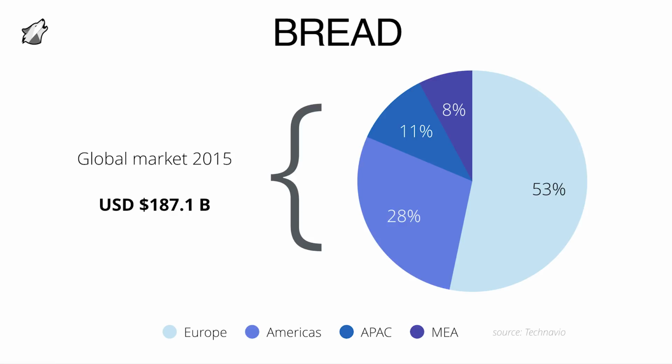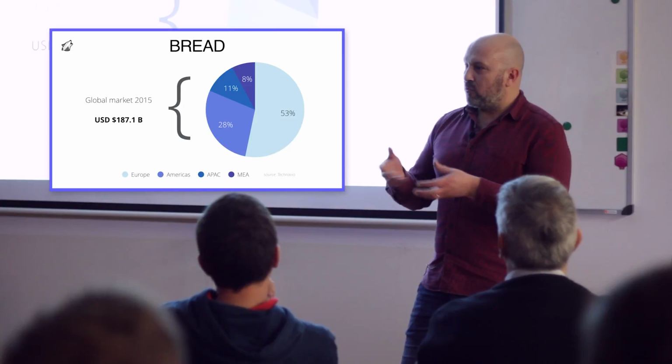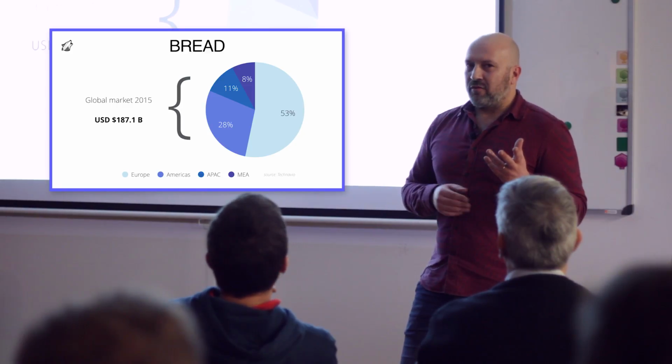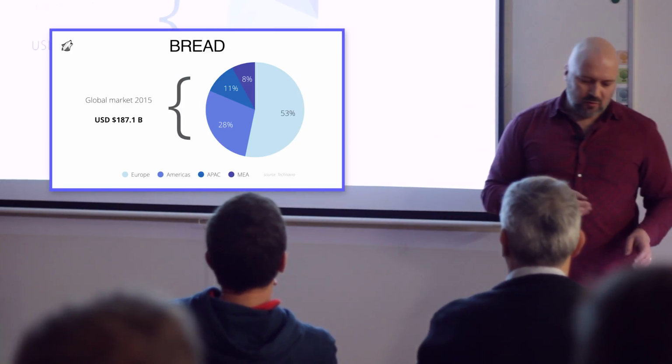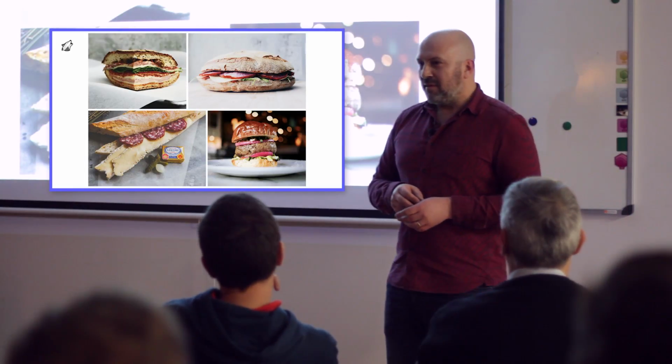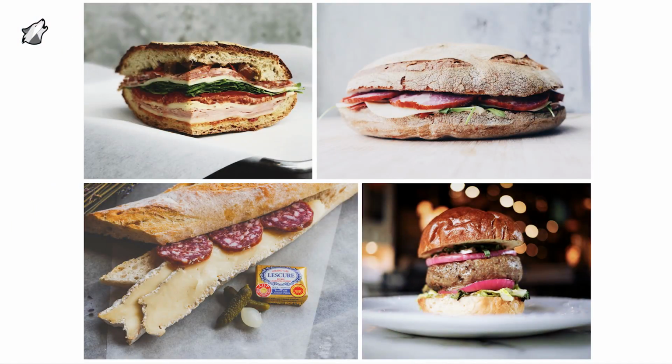But if you think about bread, you think about the ways that you consume it. Obviously, you can eat bread alone, but you often think about other ways of consuming it, like sandwiches, for instance.